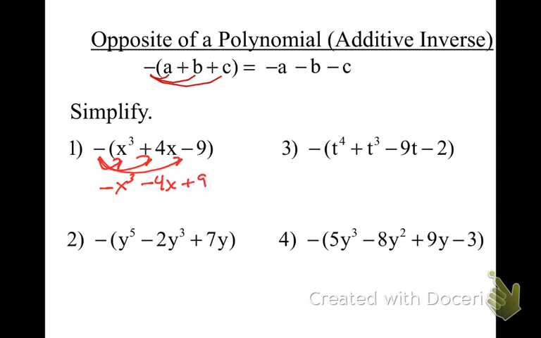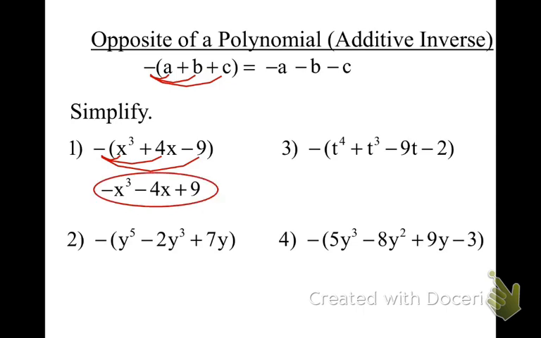Pause the recording and you try the next 3. Now check your work. So we get negative y to the 5th, positive 2y to the third, and negative 7y, taking the opposite of all signs.